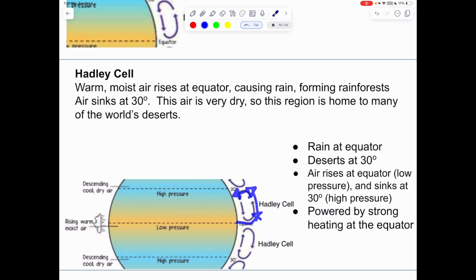But this sinking air, if we remember, causes high pressure systems. And there's very little moisture in this sinking air. So therefore, at 30 degrees, we see deserts forming. And it's all based on this high amount of strong heating that is happening at the equator.